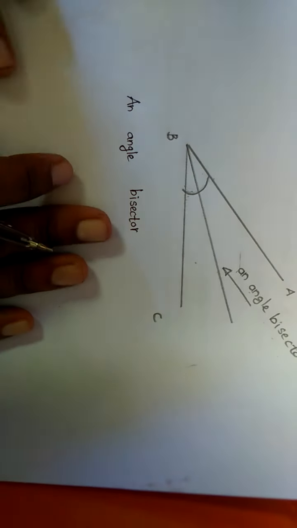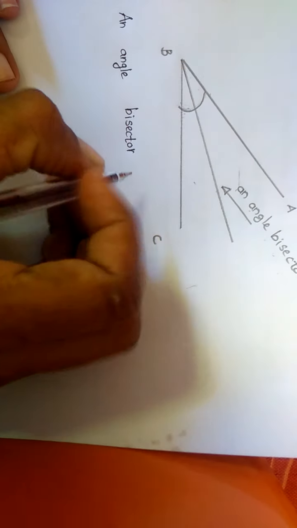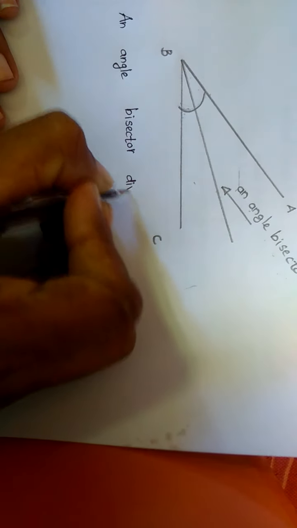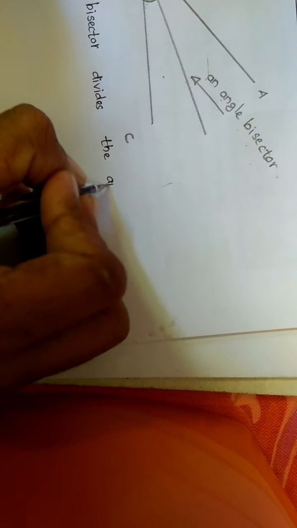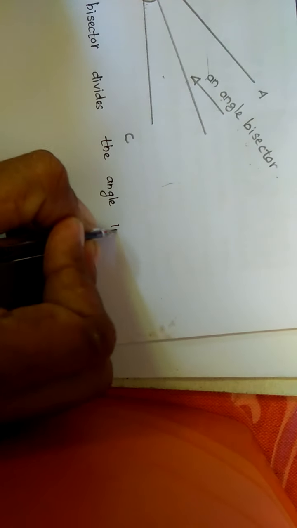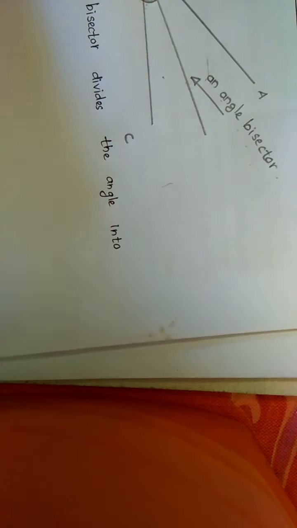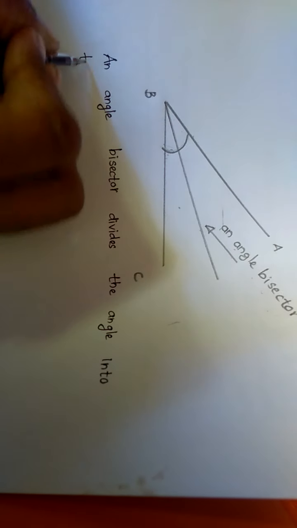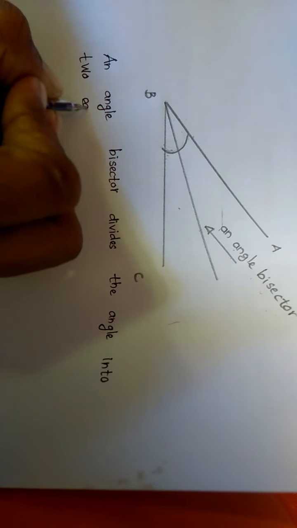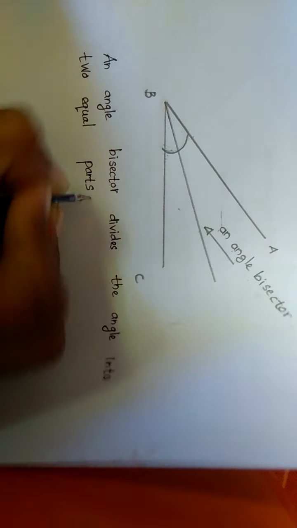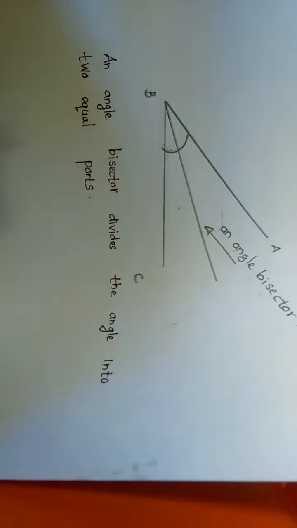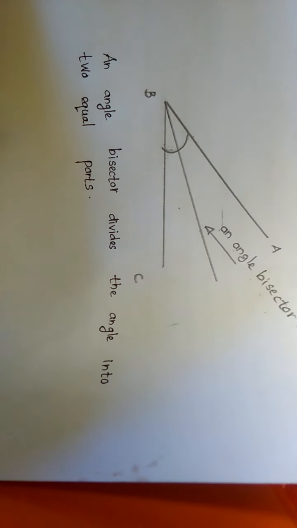An angle bisector divides the angle into two equal parts. This is how I introduce an angle bisector.